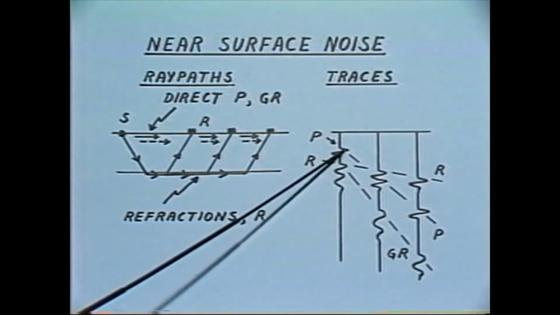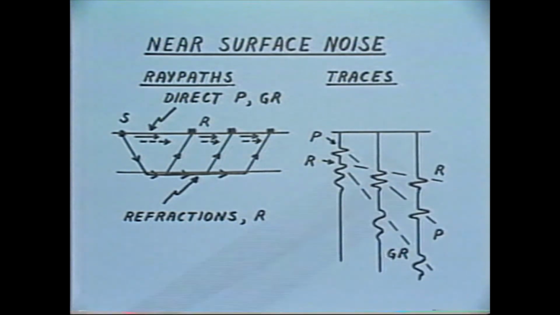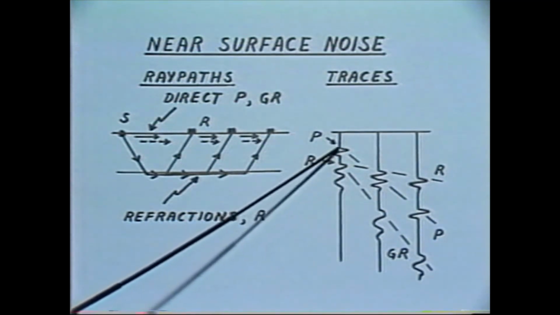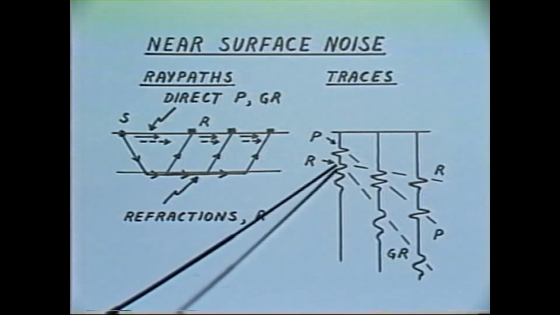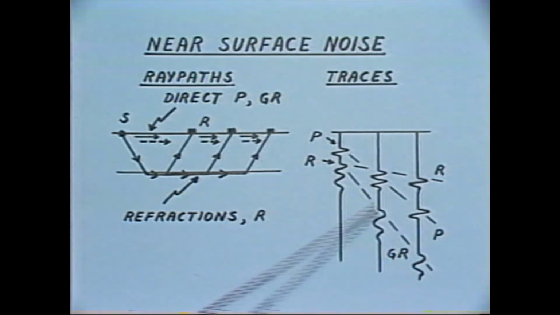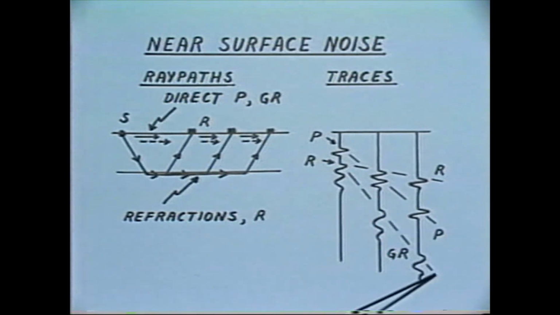So the P-wave energy then lies along some straight line across the set of traces. The ground roll energy, which also travels in a direct line, but at a much slower velocity, must always arrive later than the P-wave energy, and so it also lies along a straight line across these traces, but at later times and with a steeper dip because of its slower velocity.